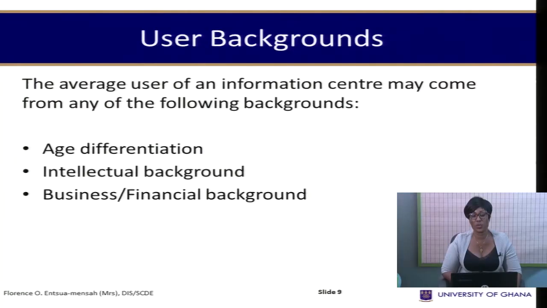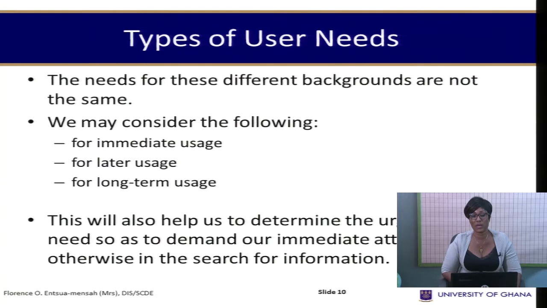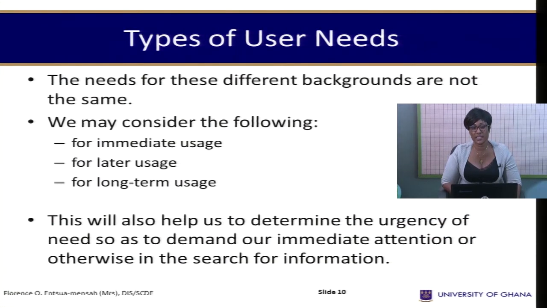In the same vein, the way you attend to intellectual background, that's the educational background of a user, also determine how you satisfy that user. Then also, if the information is for financial gain or for business gains, there is difference between the way you treat that particular user. You also have to know the needs for these different backgrounds.